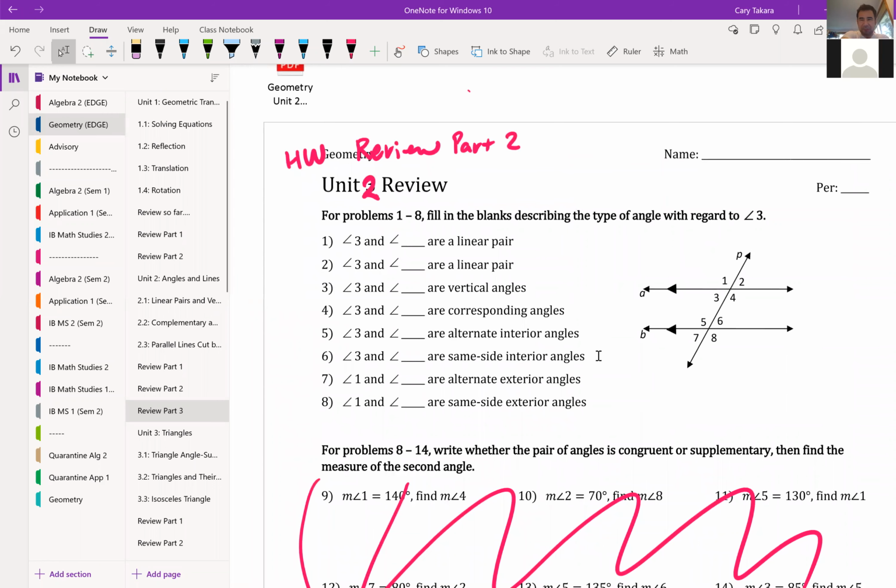Just for this one only, I would like you to draw the diagram, okay? And then, yeah, it is called unit review part 2, I believe. Let's take a look. Now I'm curious what I named. I should have remembered.